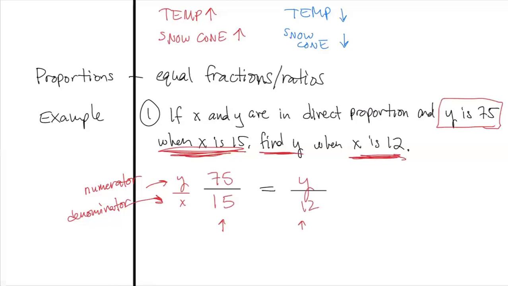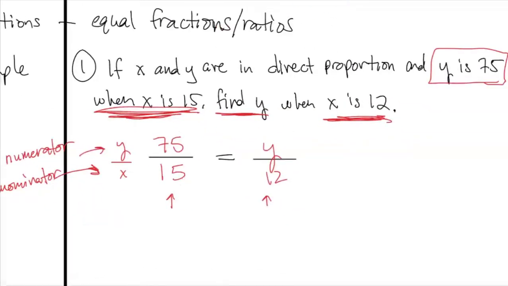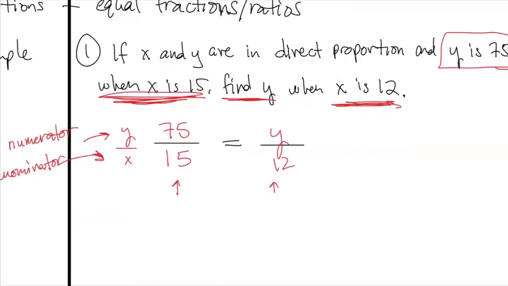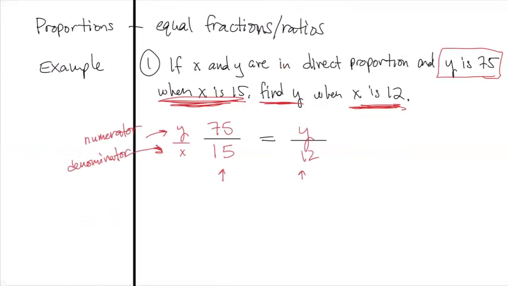75 over 15 equals y over 12. Now, there are a couple of ways to solve this. We're going to go over the one simple way I think is the way that works every time. We're going to cross multiply. What that means is I'm going to multiply across, but I'm going to go at a diagonal.